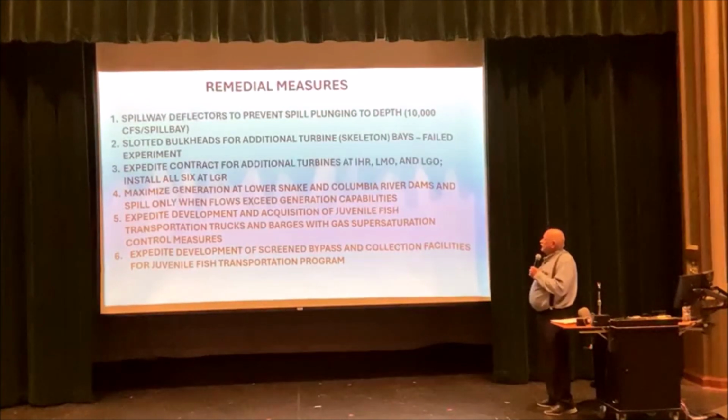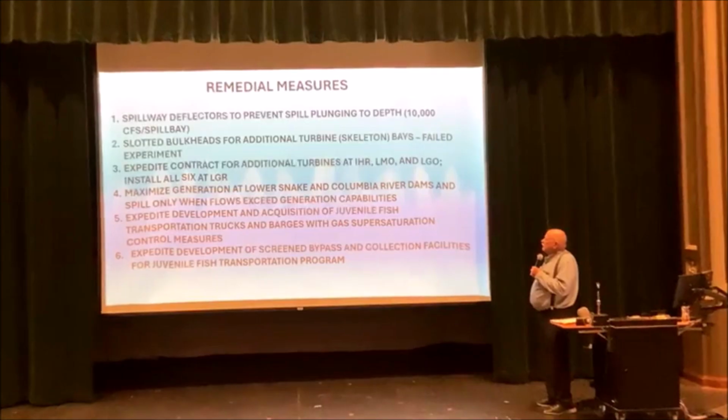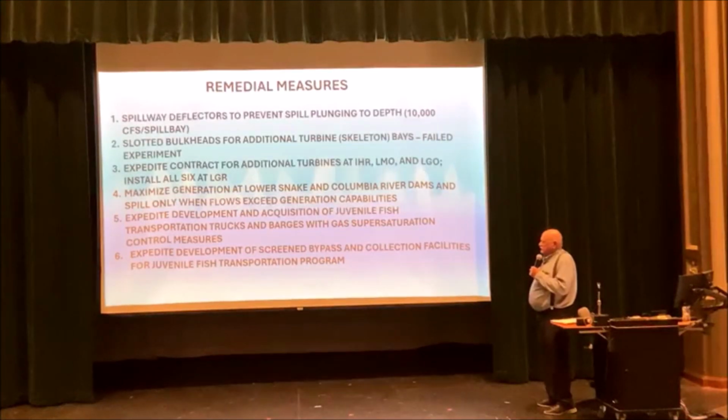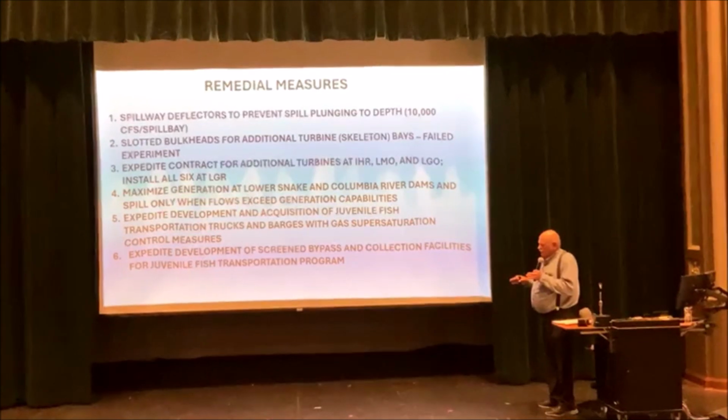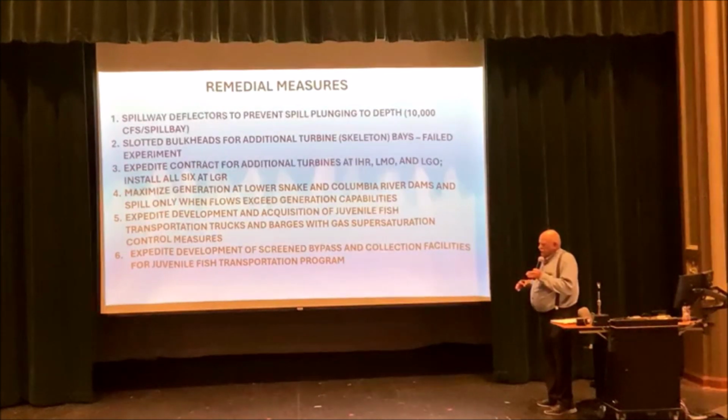entrainment in the water. Another one was called slotted bulkheads. When the Lower Snake River dams were built, Ice Harbor, Monumental, and Goose each had 3 what they call skeleton bays. They were parts of the powerhouse that were built without the turbines installed.